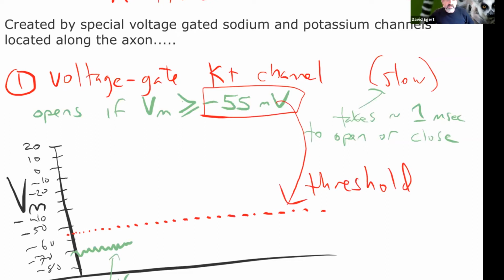So as long as the cell stays at its resting voltage, these little voltage-gated channels are going to stay closed. The reality is the cell is at rest, but it's kind of going up and down. If at any point the voltage is above that minus 55, they'll open.